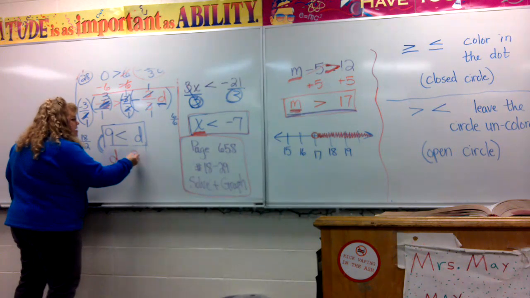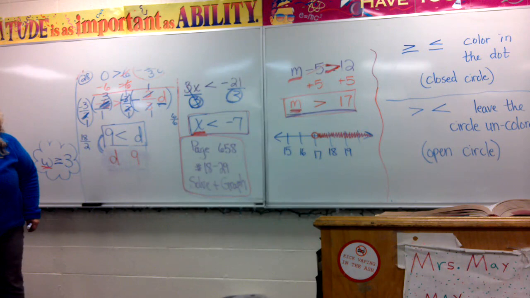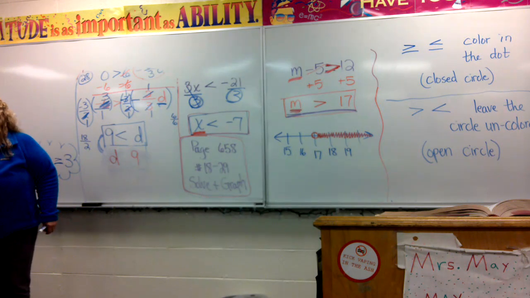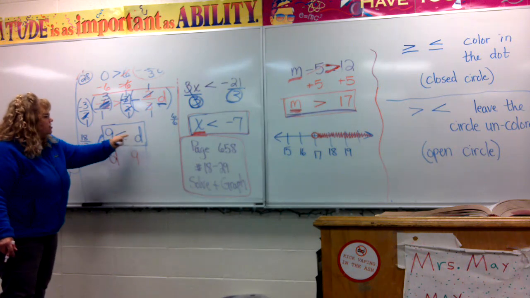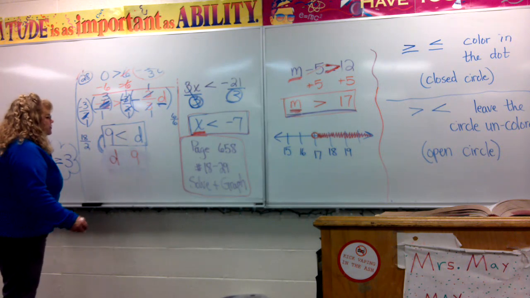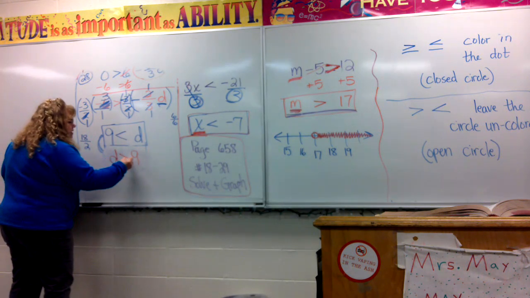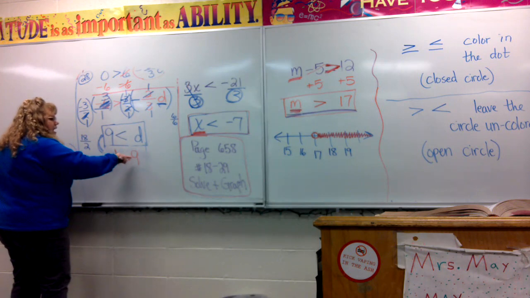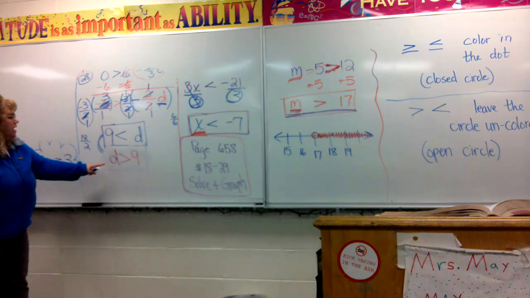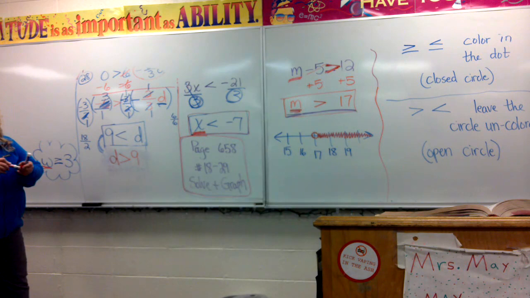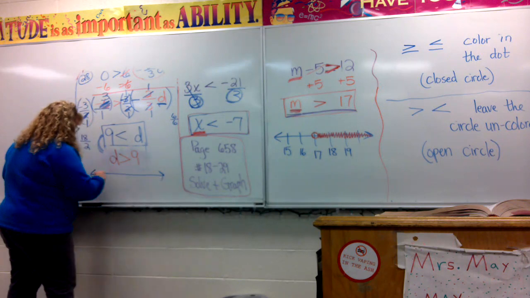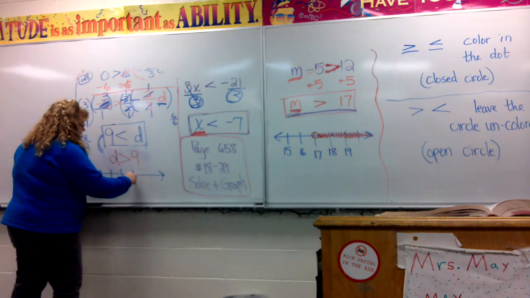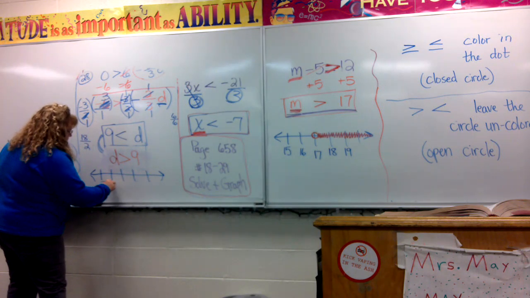I got a D and I got a 9. If I'm rearranging, what I have to make sure is that the big part faces the D and the little part faces the 9. Now I can graph that a little easier. 7, 8, 9, 10, 11.